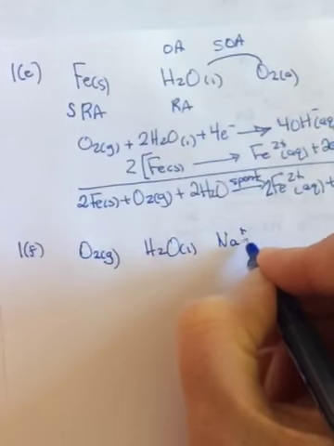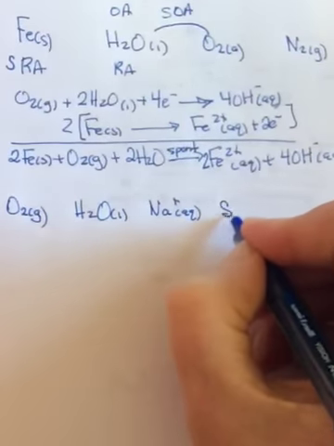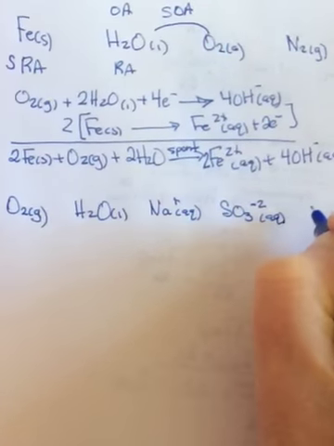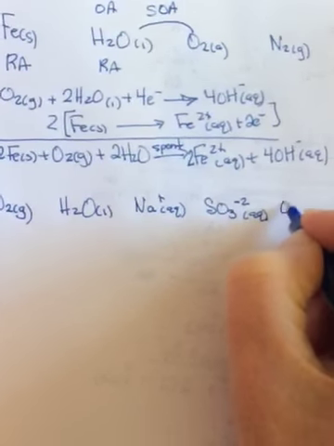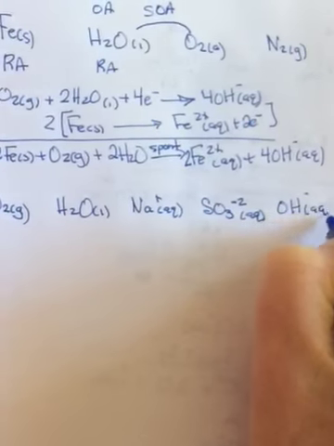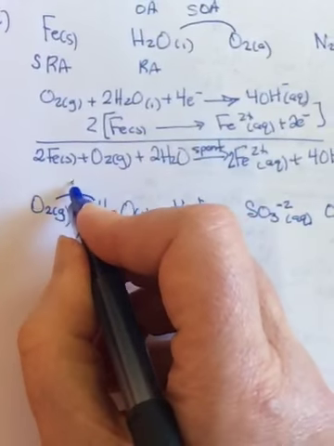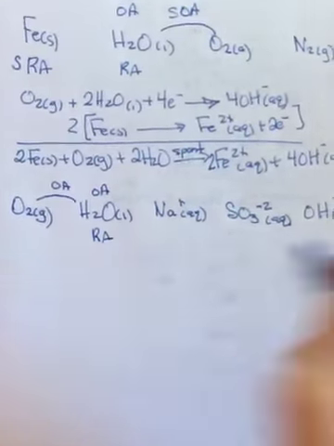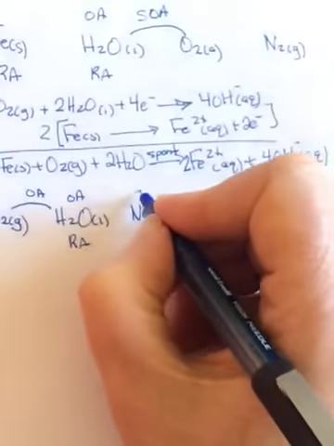Sodium positive aqueous, sulfite, SO3 2 negative aqueous, and it says basic solution, so OH negative aqueous. We already did the O2 up top, so this is going to be an OA linked with water. Water is both an OA and an RA. Sodium positive ions are all the way down here on the bottom, 1, 2, 3, 4, 5 up from the bottom. They're an OA.